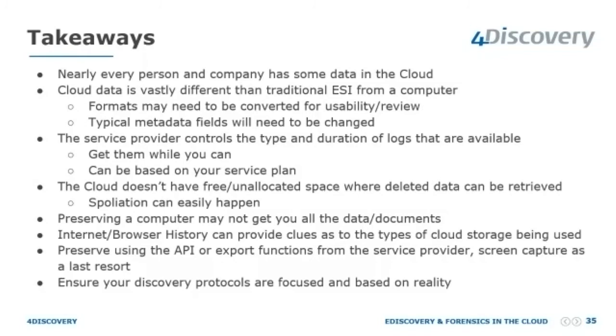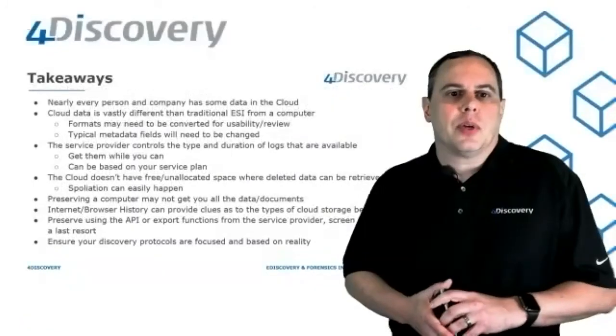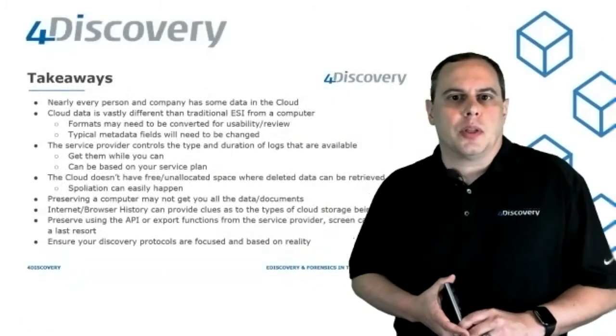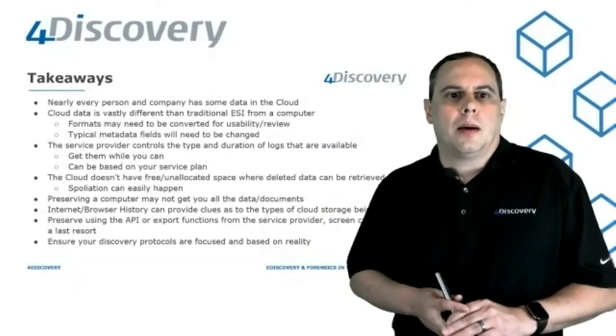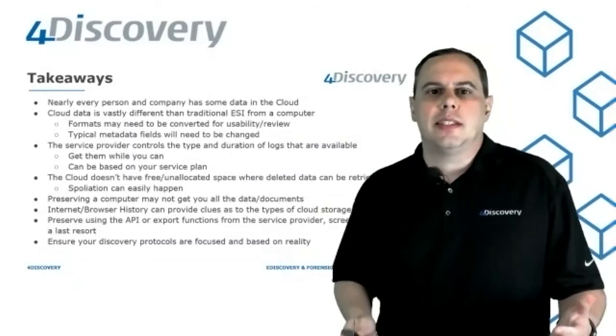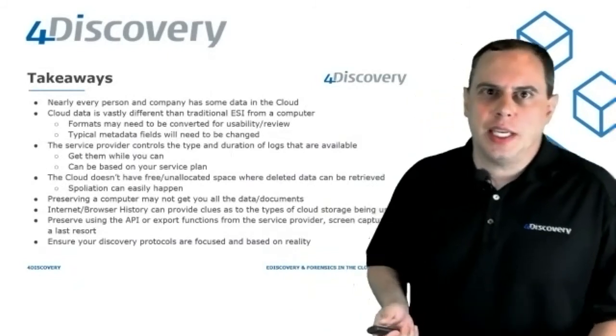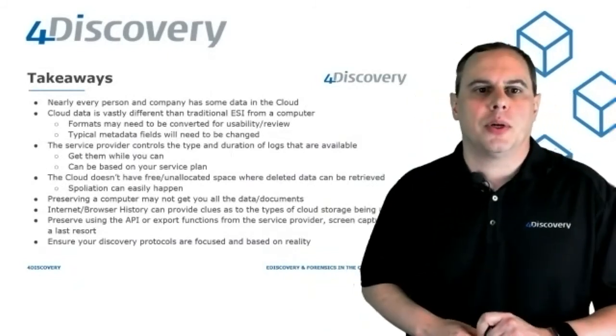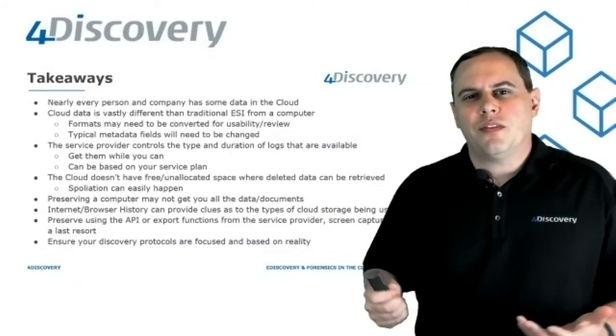So in a nutshell, some takeaways. Everybody has some type of data stored in the cloud somewhere. The data is vastly different than any of the traditional ESI that you're used to looking at from a computer. All of these file formats are different.